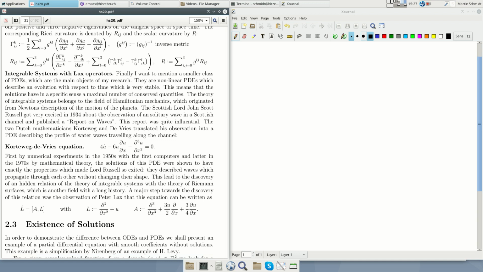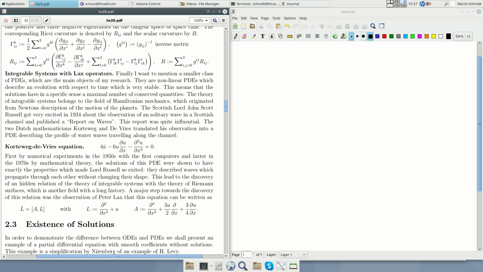So the shape is more or less homogeneous orthogonal to the channel, and so it depends only on coordinates along it. This was a simplification, of course, and then derived by physical considerations, they derived this differential equation.